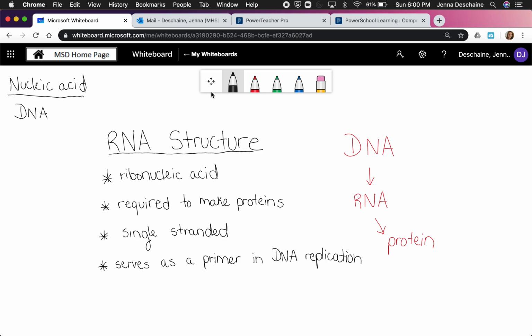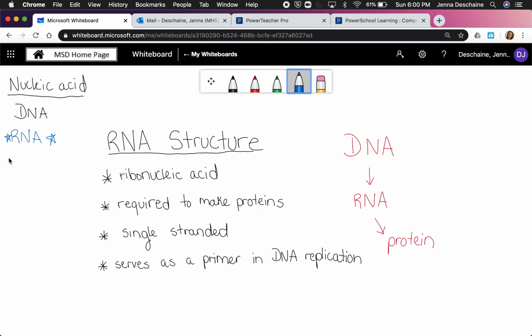But today we're going to talk about RNA. RNA is also a nucleic acid that is very similar to DNA. In fact, you actually need DNA to help make RNA.